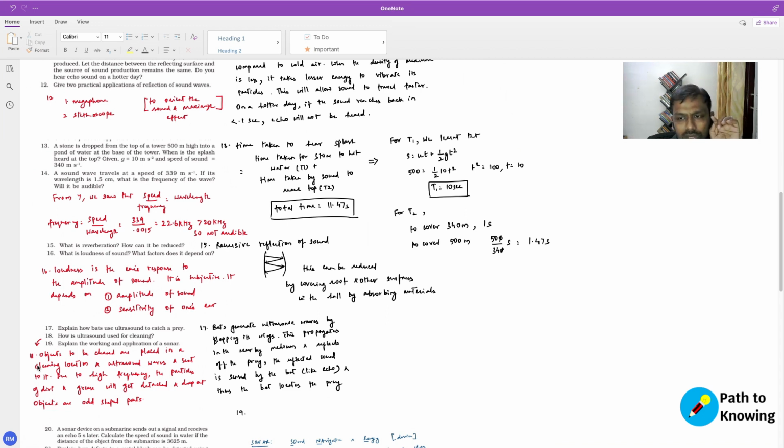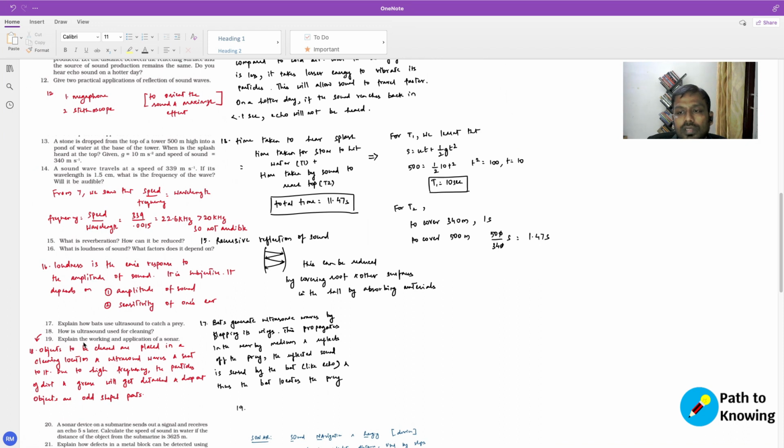Owing to its high frequency, the vibration of these ultrasound waves is very high, and this high vibration will vibrate the dirt in that corner, and the dirt will come out along with the cleaning liquid, and that's how you'll be able to clean those micro corners.